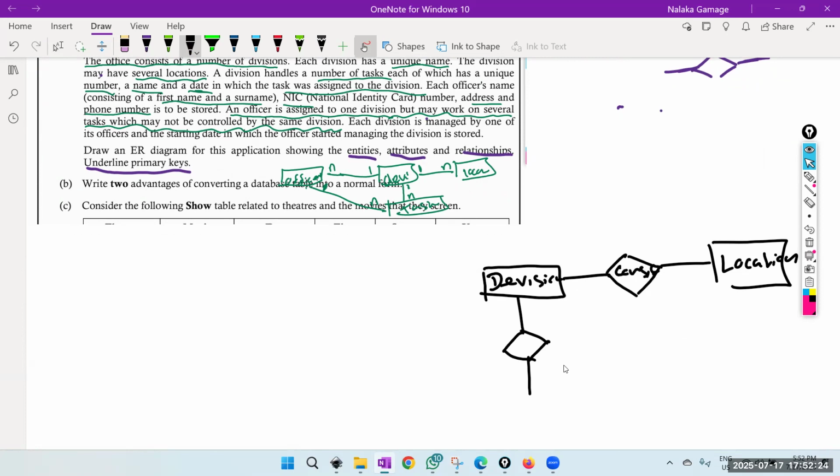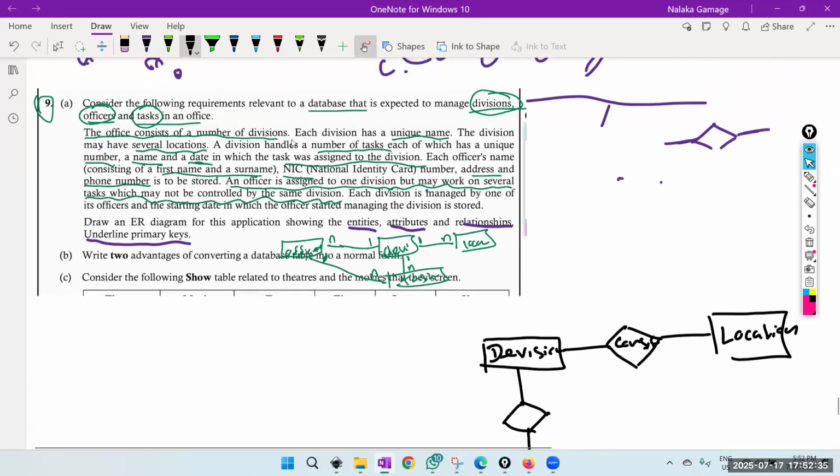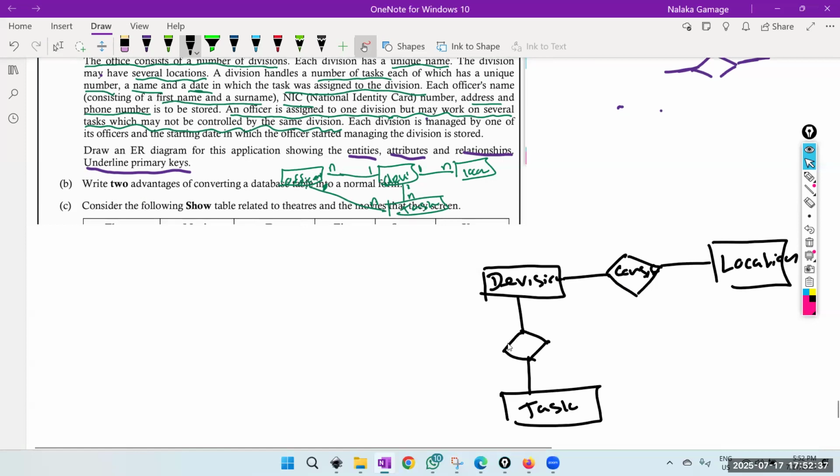Try to add a verb. Tasks, singular. Division. What is the word they use? Division handles. Okay, use the word handle, or handles tasks. You need to specify one to one, one to many later.